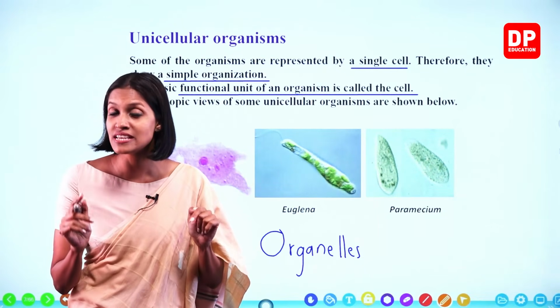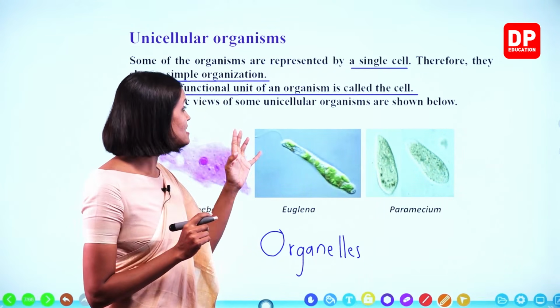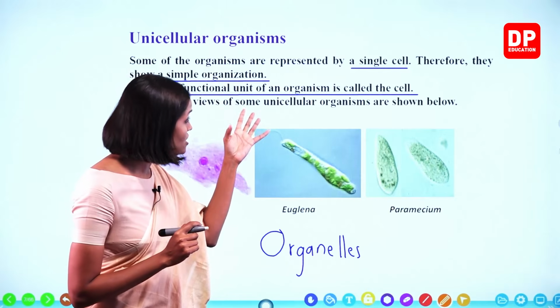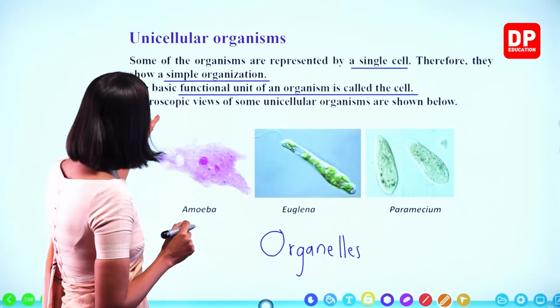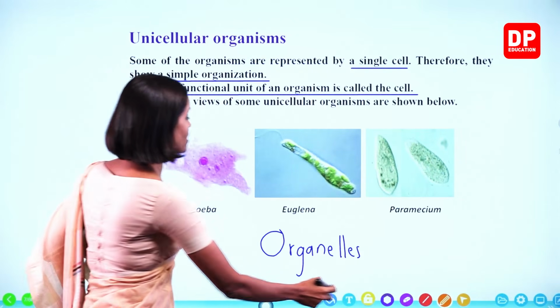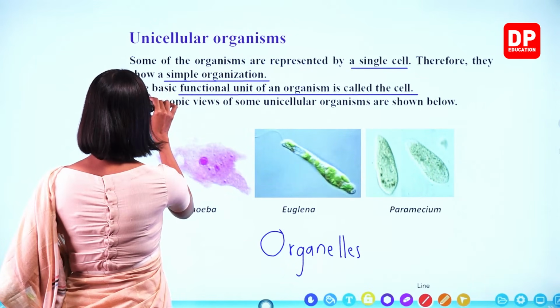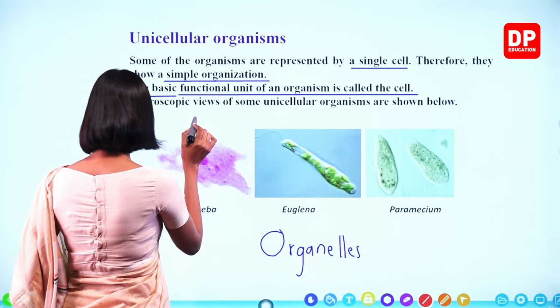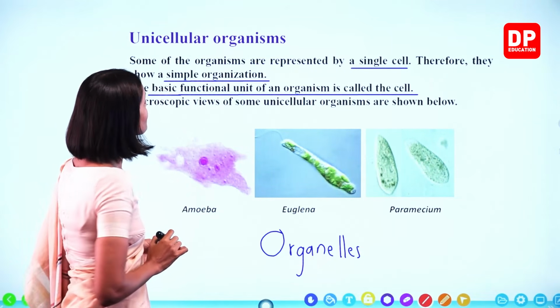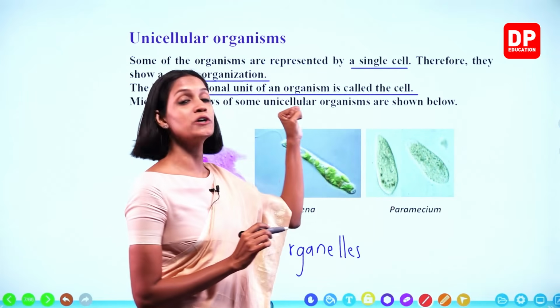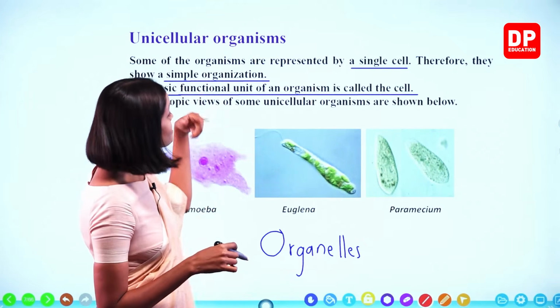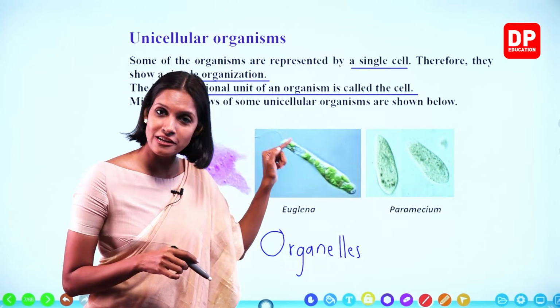Therefore, because of this reason, the cell is known as the functional unit as well. Right? The basic functional unit of an organism is the cell. What is the basic structural unit of an organism? That is also the cell.